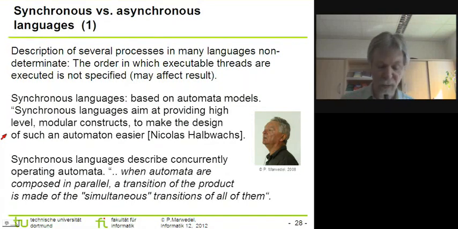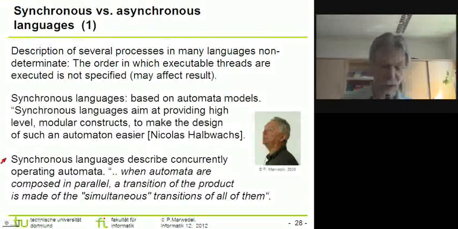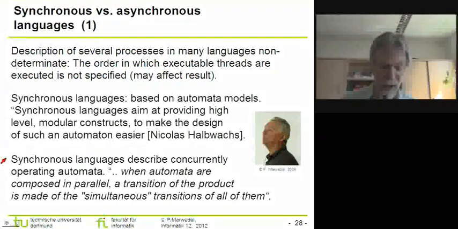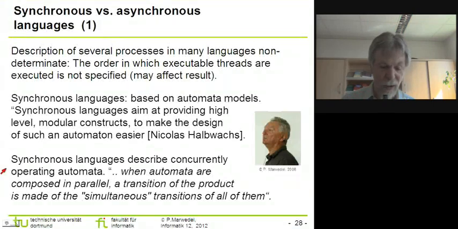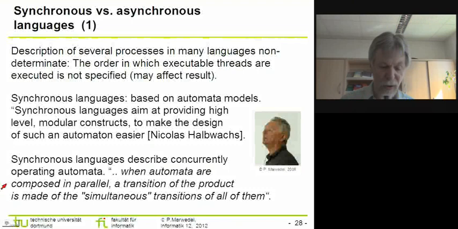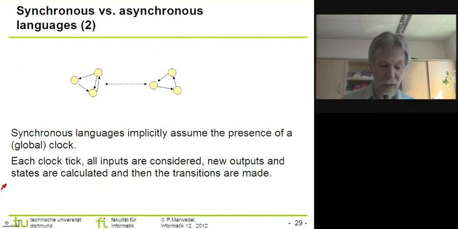So you see very precisely the idea is to describe automata, but to do this with techniques based on what you have available in programming languages. Synchronous languages describe concurrently operating automata. When automata are composed in parallel, a transition of the product is made of the simultaneous transitions of all of them. And I'd like to demonstrate this using this little animation.